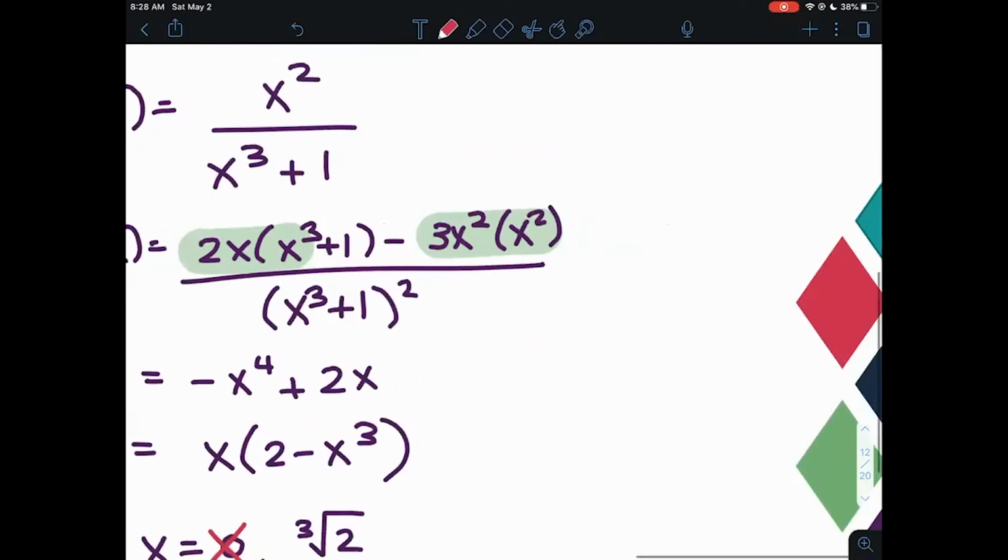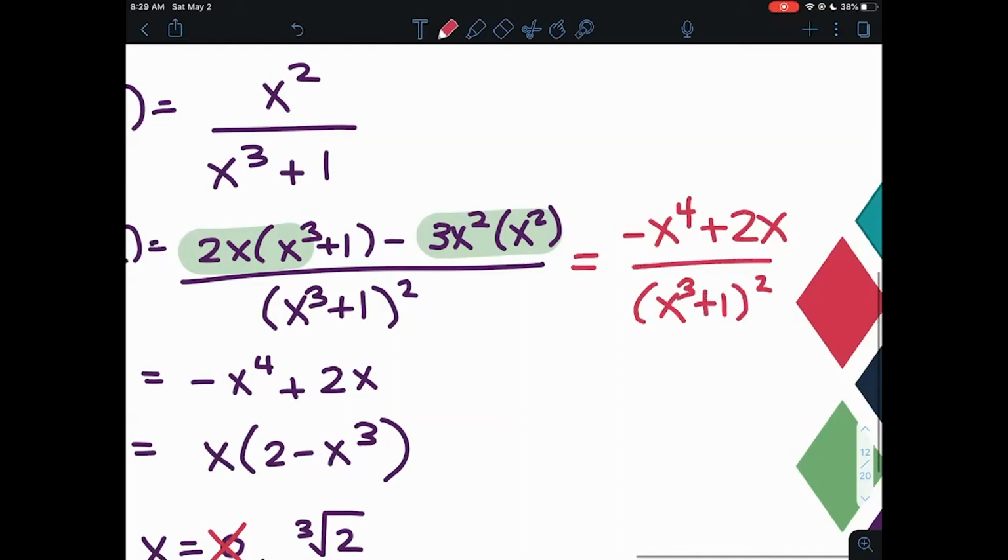If I go back to the prettier version of this, negative x to the fourth plus 2x over x cubed plus 1 squared. Denominator will always be positive. If I pick a value of x greater than the cube root of 2, something like, for instance, 10, 100, 1000, be obnoxious with those numbers if it's easier to do the work, then this derivative is definitely negative.